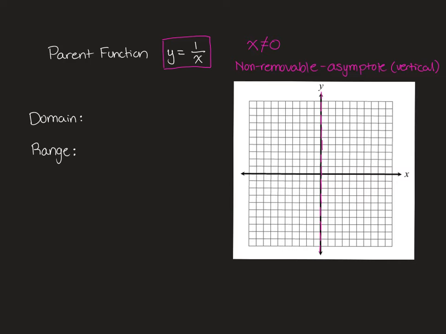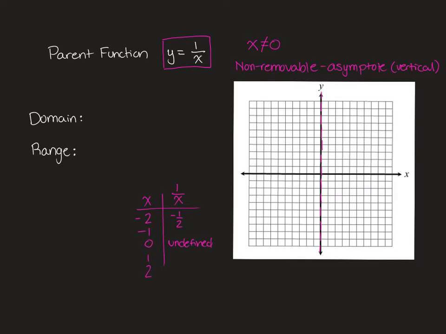So if I just start plugging in some values, okay, let's say I want -2, -1, 0, obviously undefined there. Okay, that's not going to work. 1 and 2. So if I plug in -2 for x, I get -1/2.